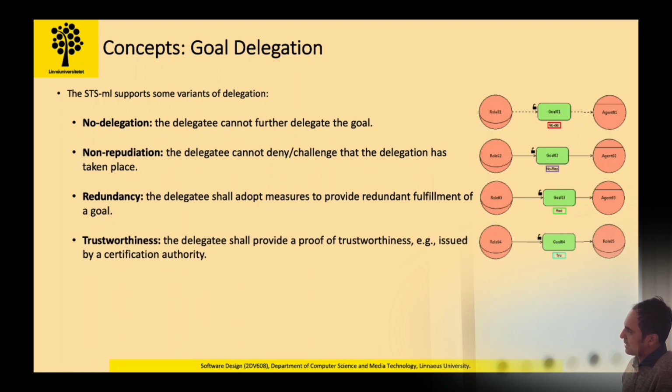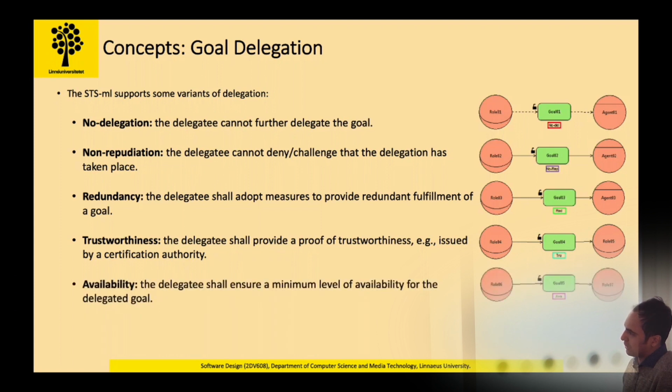Trustworthiness is the same thing. So between role 4 and role 5, when they are transmitting this goal, role 4 should be a trusted actor to do that, or to delegate this goal.